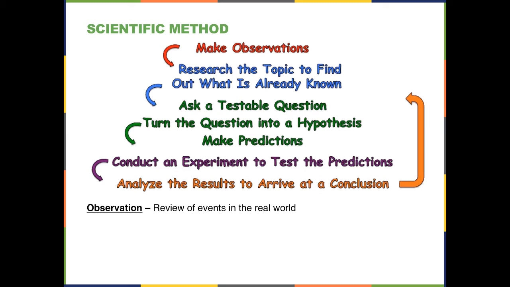So he goes off and he begins to do research. What he wants to find out is what's already known about this. Let's just pretend, for the sake of this example, that not much is known about the situation. And so the next thing he does is change his observation into a question that can be tested.